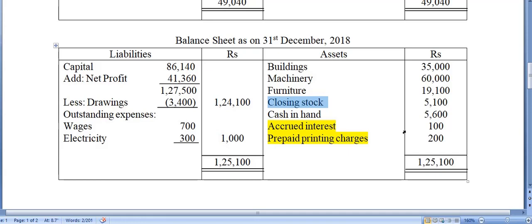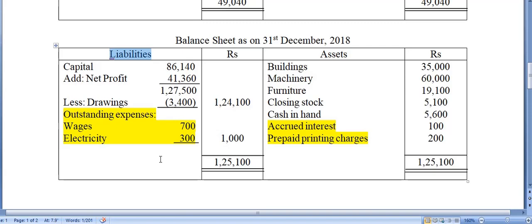So whenever there is outstanding expenditure, it will appear as a liability, towards the liability side, because these are your current liabilities. By liability we also mean the responsibility, remember that part. So if there's any outstanding expenses, it will appear on the liability side.